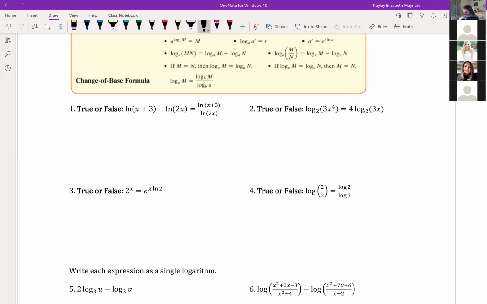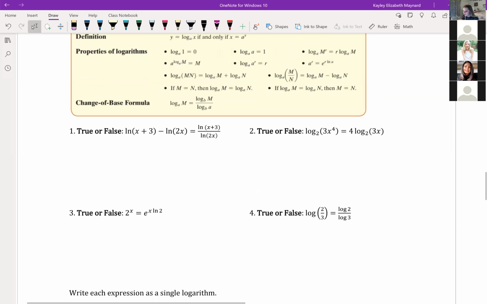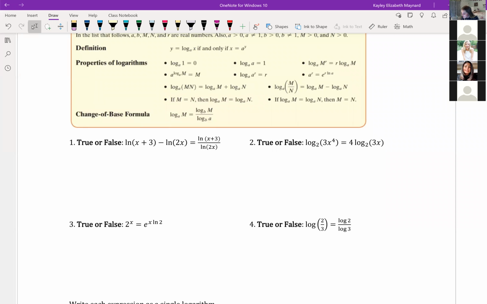So number 1 is true or false. Ln of x plus 3 minus ln of 2x is equal to ln of x plus 3 over ln of 2x. So let me find the exact rule up here. So I think it's this one. Circle that. So this rule says that if we have 2 logs with the same base and they're being subtracted, it's the same as combining them and just dividing what the log was being taken of.